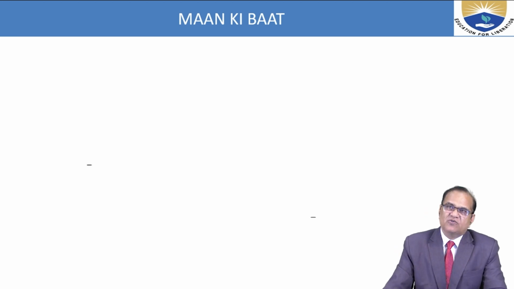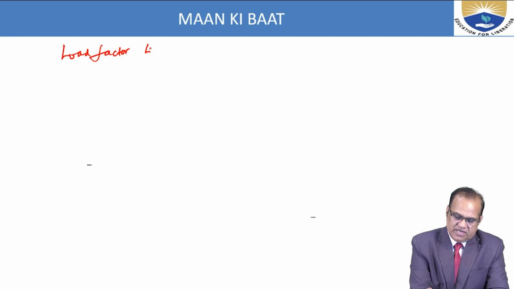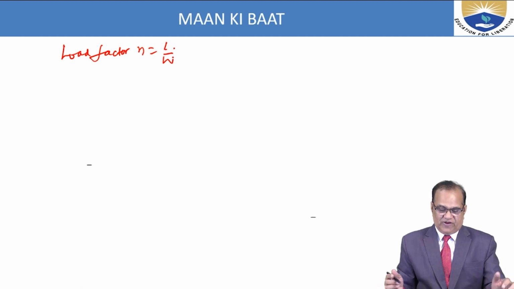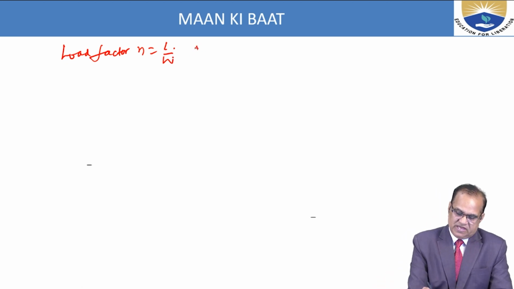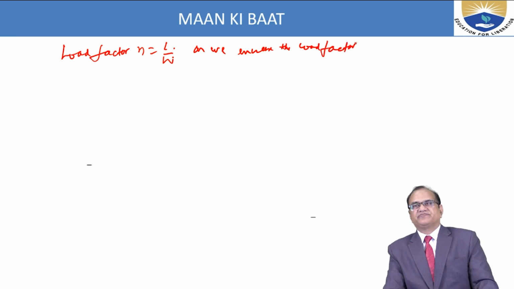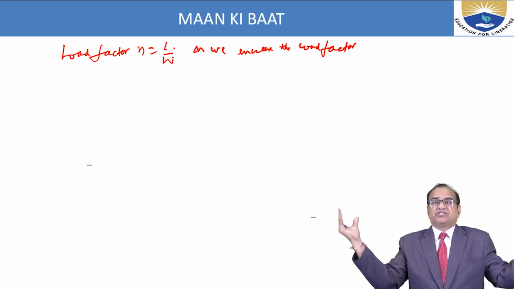As of now, we have seen that load factor is n, and this is L by W. So as we increase the load factor, the aerodynamic forces are increasing. Your wing and other things start bending upward.